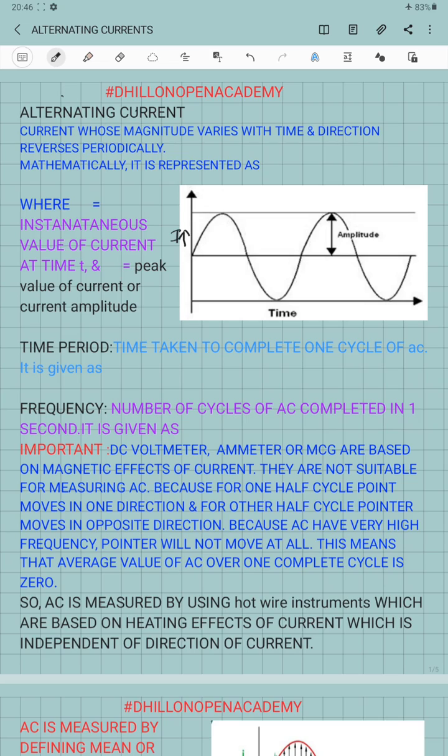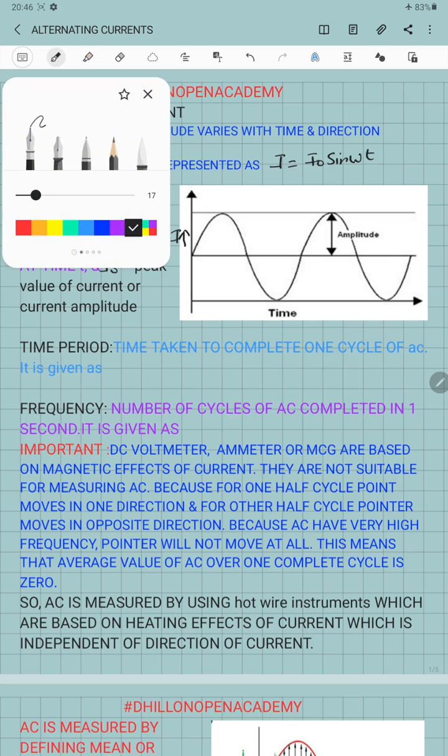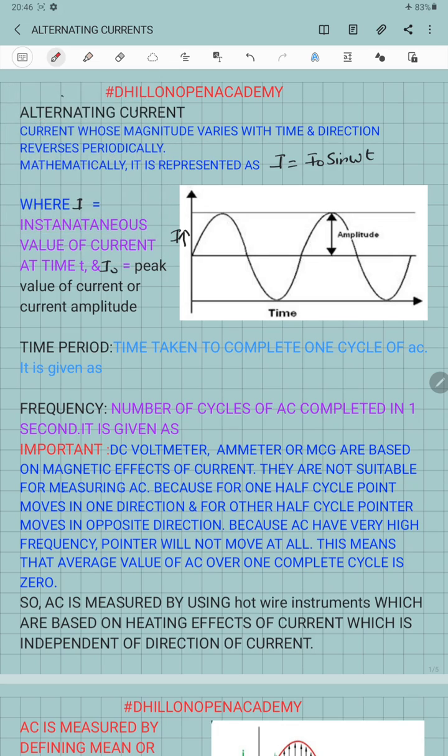Mathematically, we can represent an alternating current as I equals I naught sine omega t, where I is the instantaneous value of the current at any time t, and I naught is known as the peak value of the current, or the maximum value, or the current amplitude. We can show it on the graph with this arrow. This is the current amplitude.